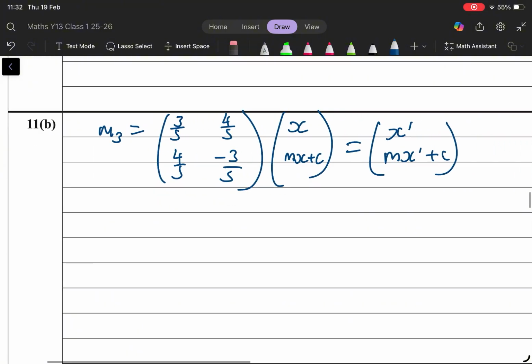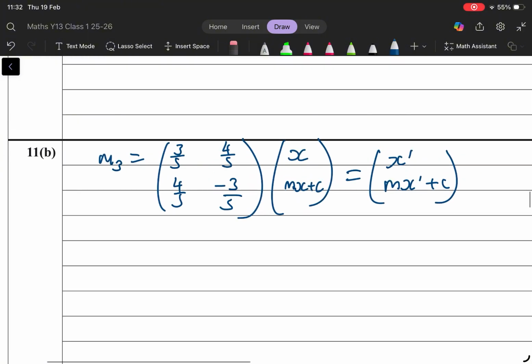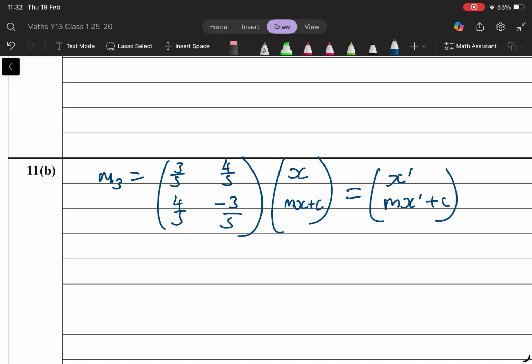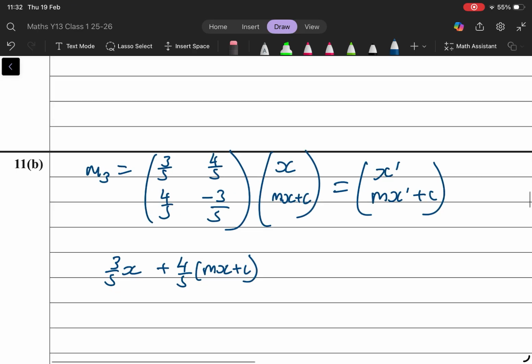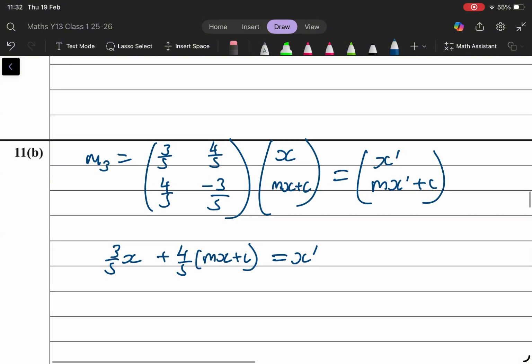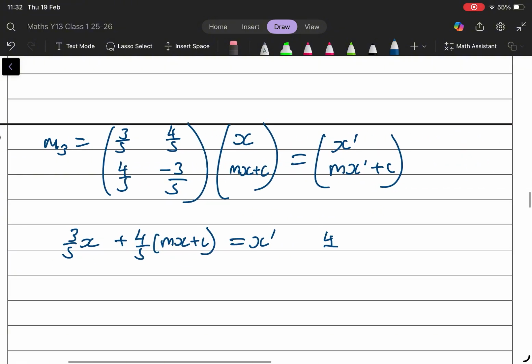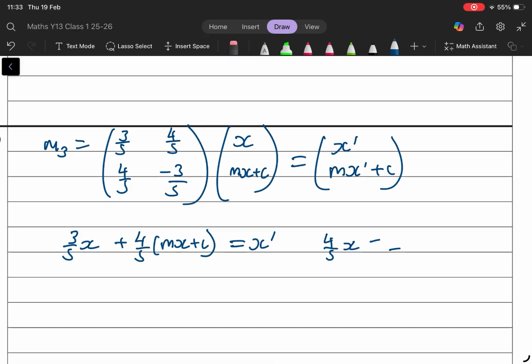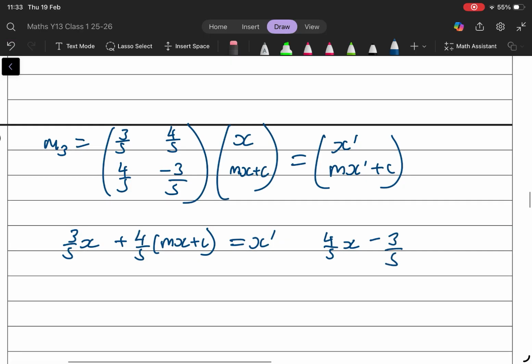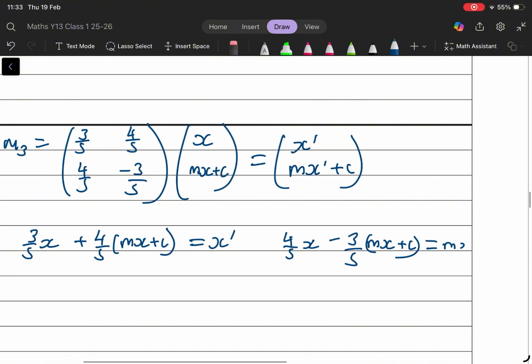And then, so we need to now do this. So we want to do 3/5 x plus 4/5 (mx plus c) equals x dash, and then 4/5 x plus, minus 3/5 (mx plus c) equals mx dash plus c.